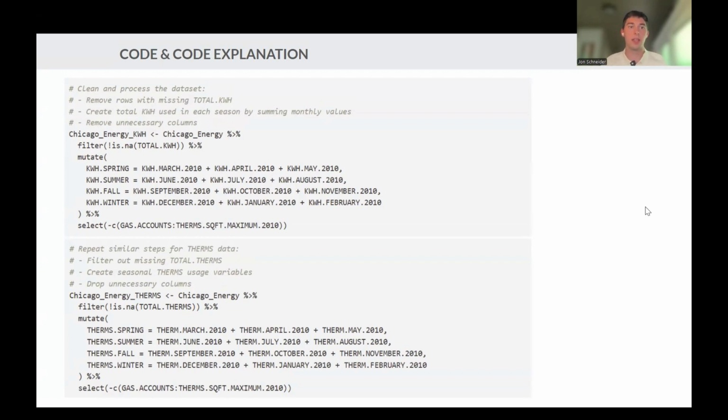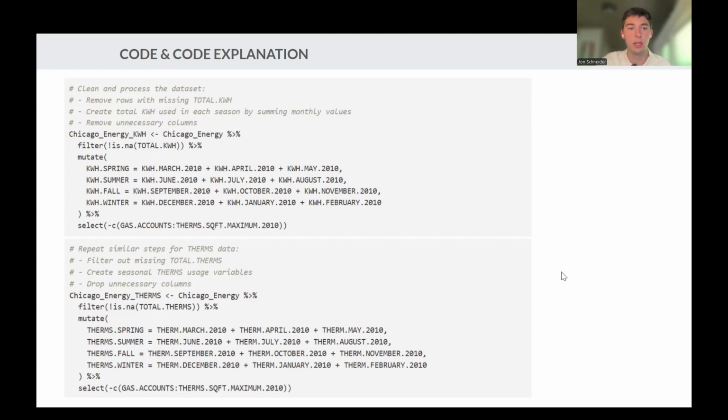We also created total kilowatt hours per season values by summing together the total kilowatt hours for each individual month that landed in that season. And finally, there were a lot of columns irrelevant to the study we wanted to do, so to clean up the data and make it easier to read, we removed those columns.